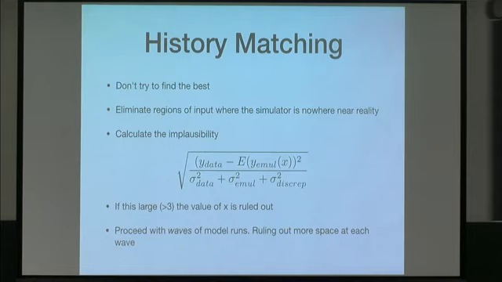And if that value is large, and we tend to use 3, for reasons I can go into if you ask me later, that value of x is ruled out.